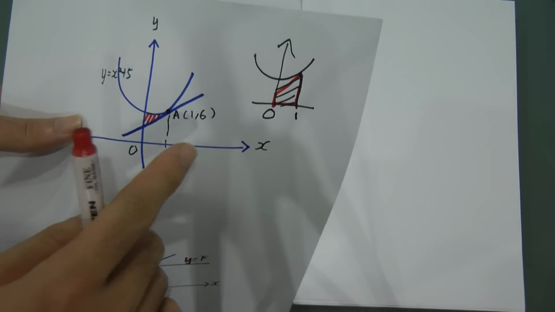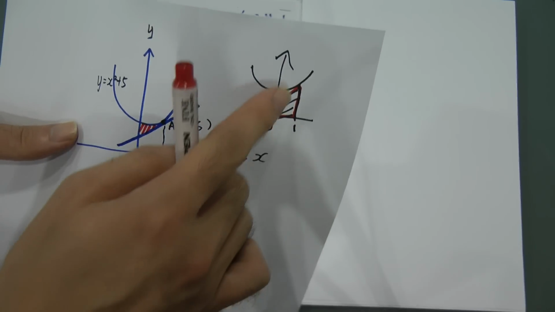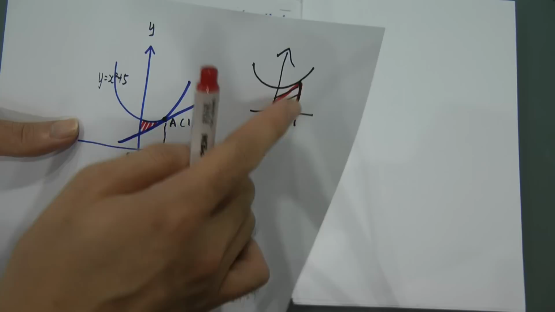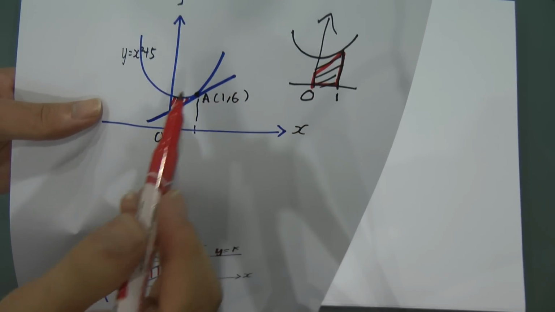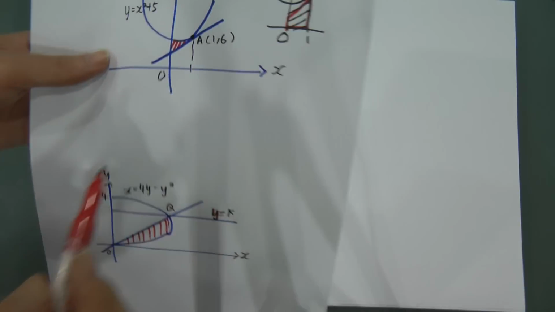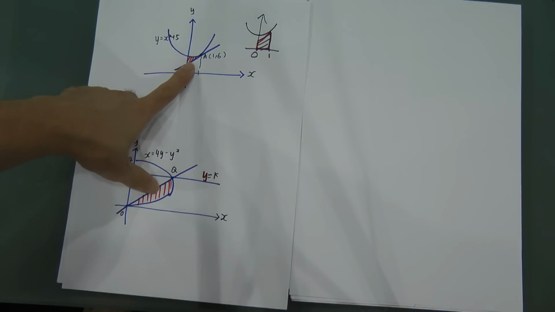It means you integrate this part from 0 to 1 for this curve, so you get the whole area here, and then you subtract the trapezium inside. Do you see the trapezium inside? So this is the way to find the shaded region.